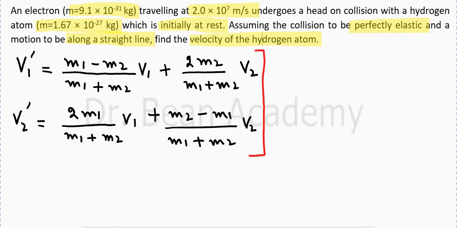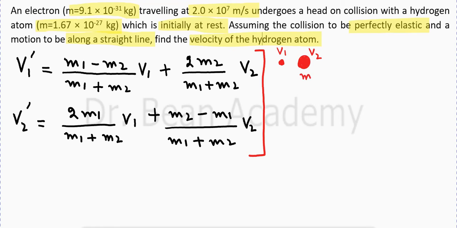So here I have two formulas. We assume that there is an electron and then a hydrogen atom, and they have certain initial velocities. Say v1, and the velocity of the second particle, in our case it is actually hydrogen.